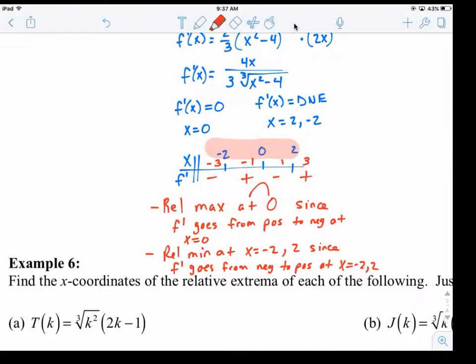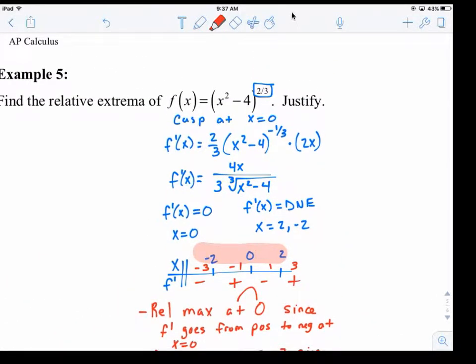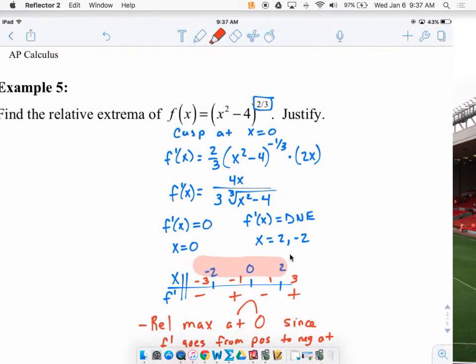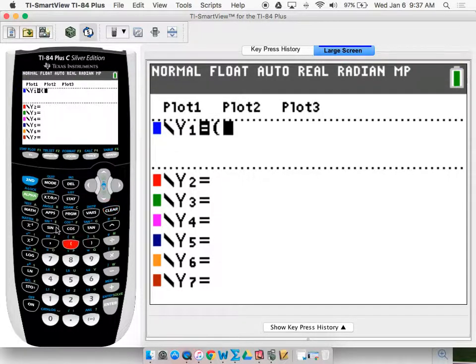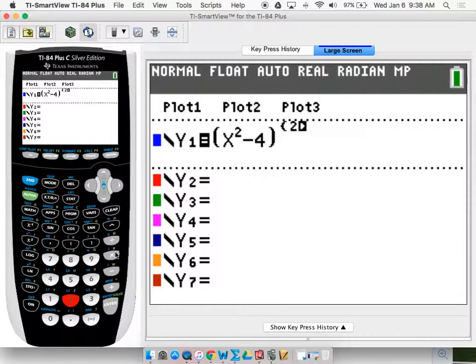Right. So why don't you guys put that one into your calculator? X squared minus 4 to the 2/3. I just want to see what it looks like. All right, so if you have the older calculators, make sure that x squared minus 4 is in parentheses.